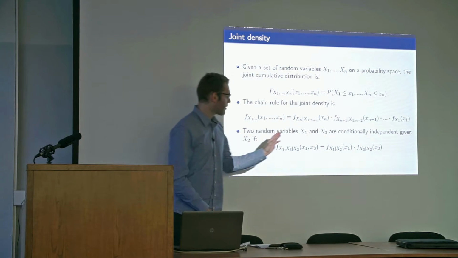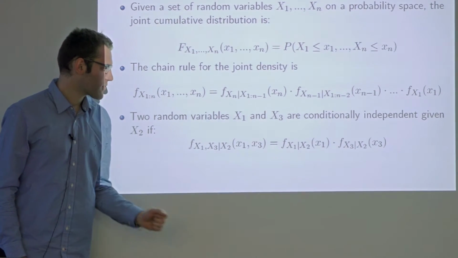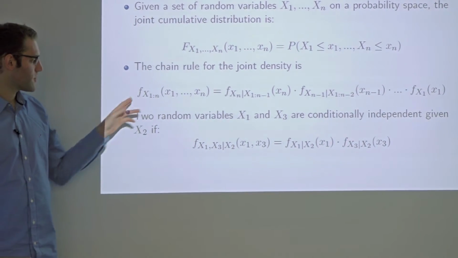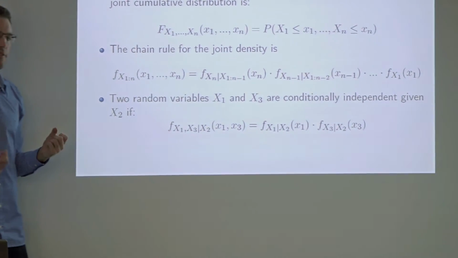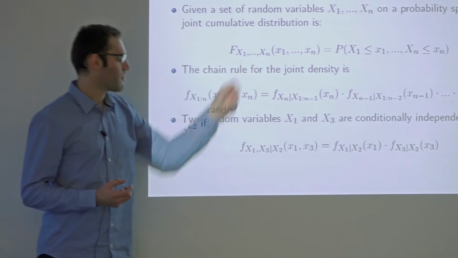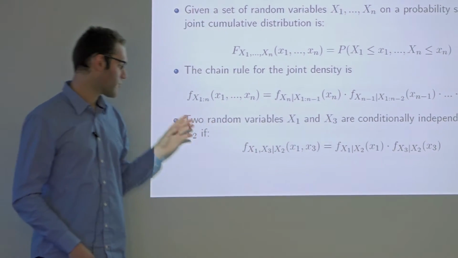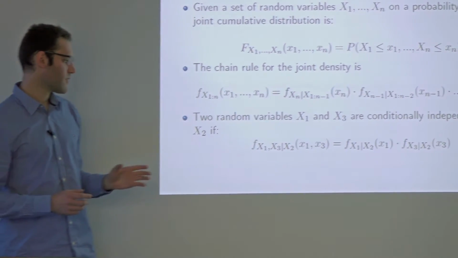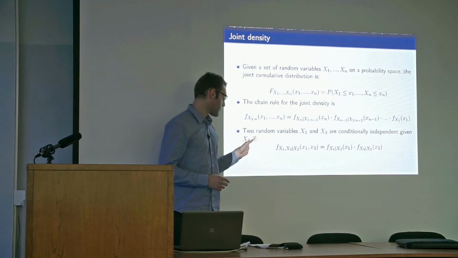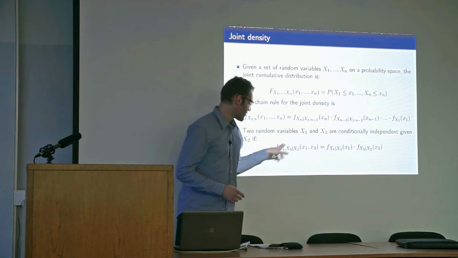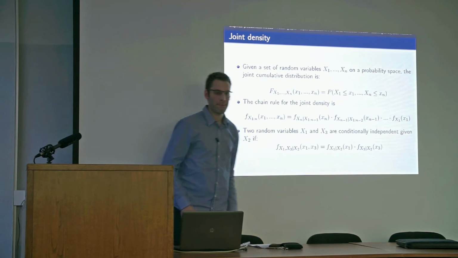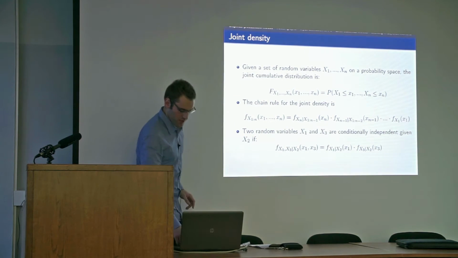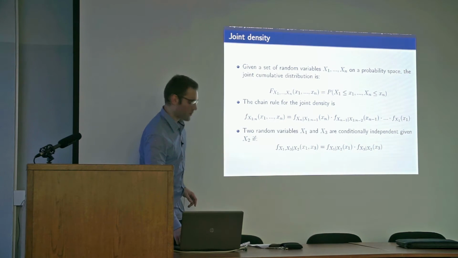If we have two random variables, x1 and x3, and this is not a time index, it might refer to a time index in a stochastic process, but this is just some index, then two random variables are conditionally independent given x2 if their joint density of x1 and x3 factors in this way. And that's what we're going to need for the graphical models.